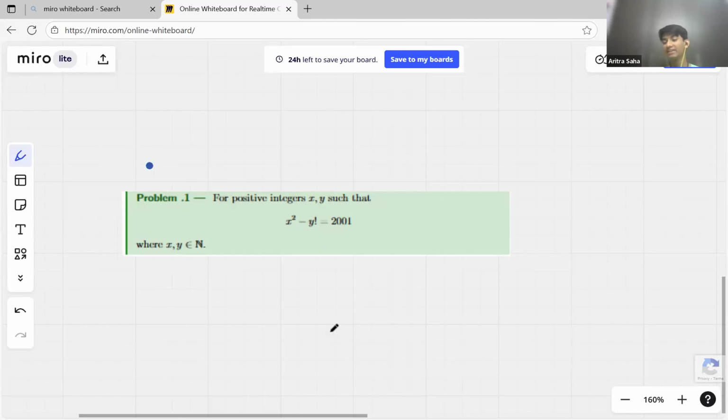Do you see any obvious x and y pair which directly satisfies this? Anyone? Also, if you can turn your camera on, that will be great.